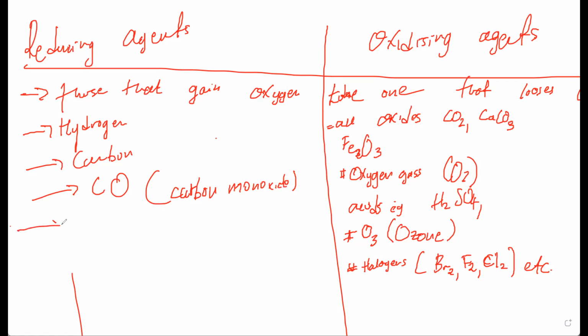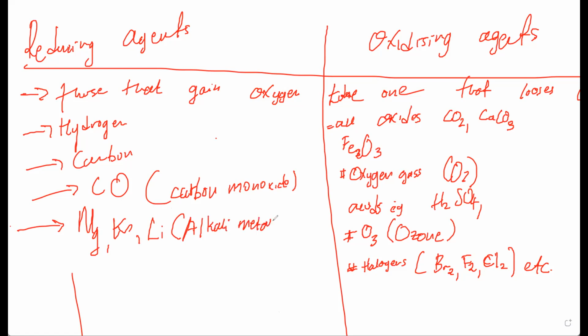We also have metals like magnesium, potassium, lithium, and so on. Again, iron, zinc. In short, we can say alkali metals.